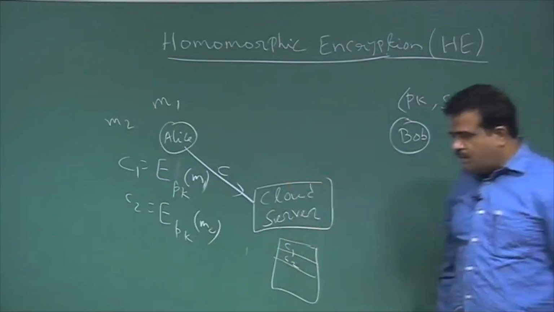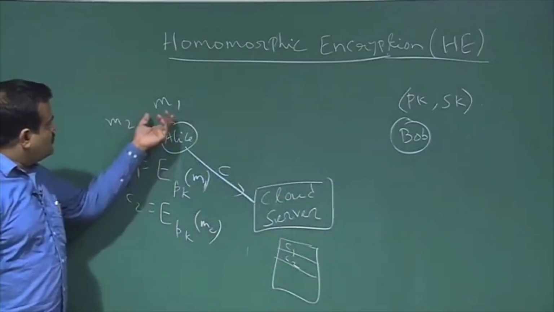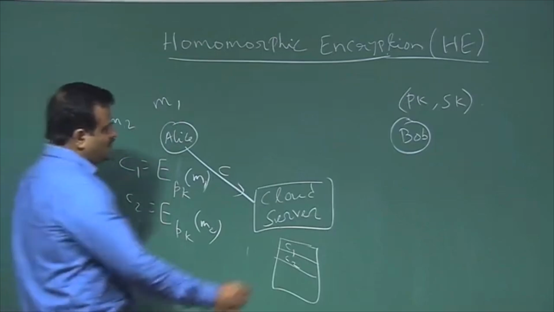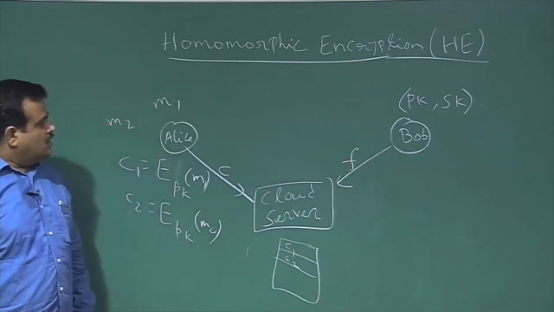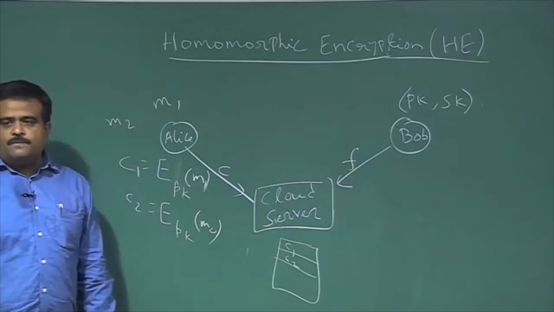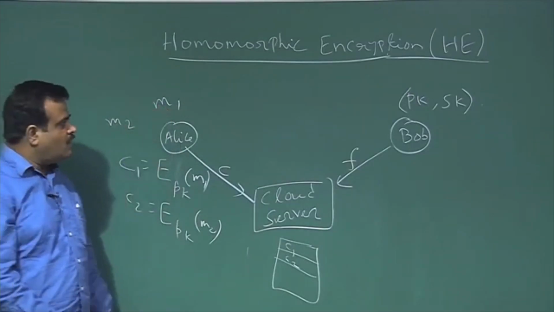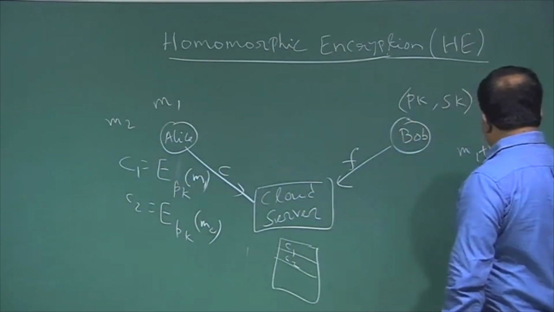Now suppose Bob needs information about M1 and M2. So Bob will send a function to the cloud. Suppose Bob does not require the full messages M1 and M2. Suppose Bob requires M1 plus M2.